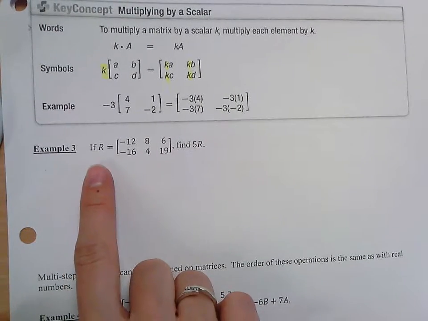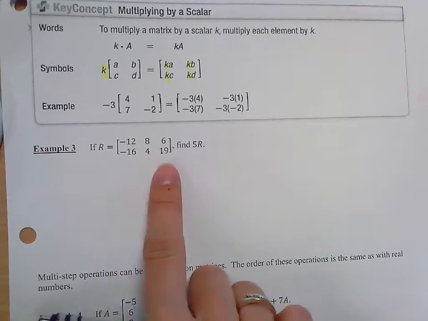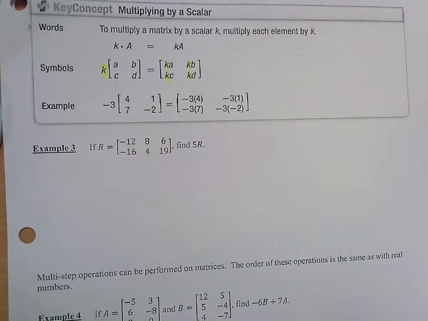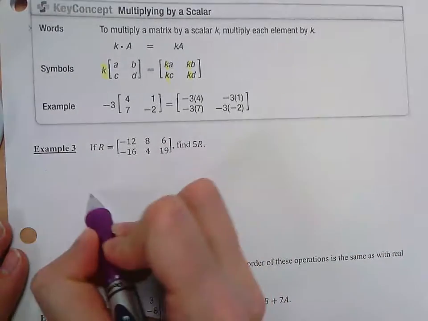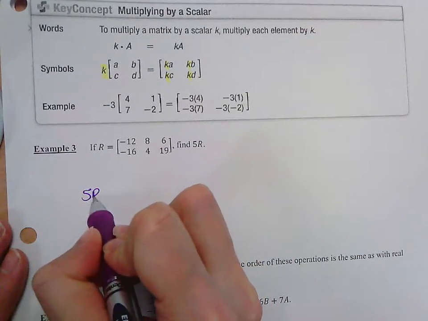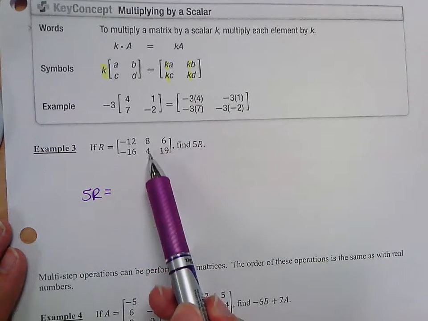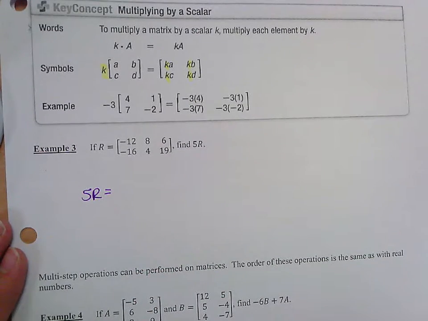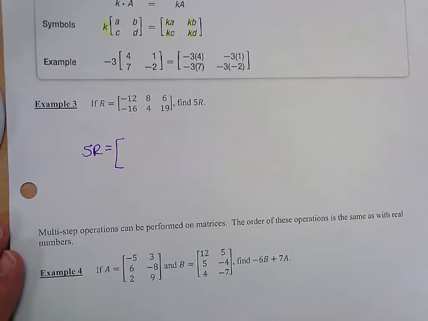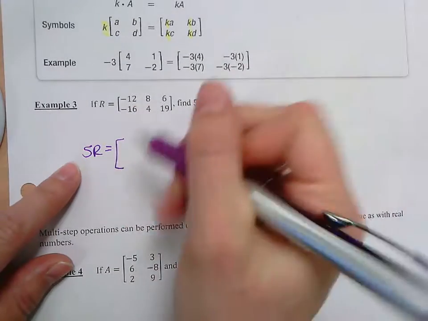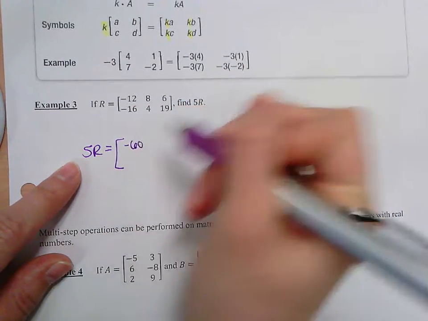So if we look at example 3, this is how it might be written. It says if R is equal to, so here's matrix R, and then it says find 5R. So 5R is just multiplying all of my values by 5. That's all it's asking you to do. So you're still going to end up with the same dimensions you started with. So -12 times 5, this would be -60.